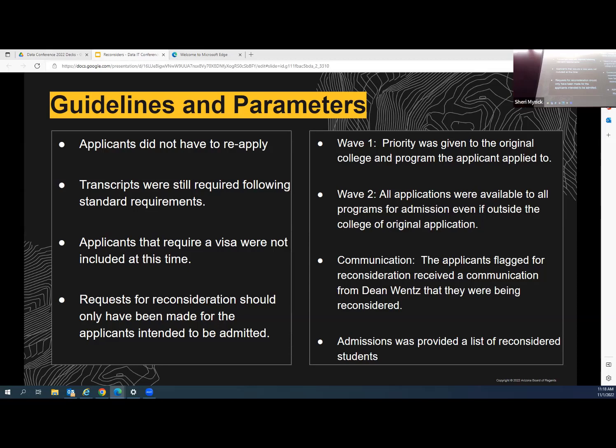In wave 2, somebody else could have claimed them, or 2 people could have claimed them in wave 2. So that's something we had to consider as well. And then after that is when we let admissions know who was reconsidered for the students. So those are the parameters that we were set up with as data. And then I'm going to go ahead and let Jeff explain how we got to the initial data set.